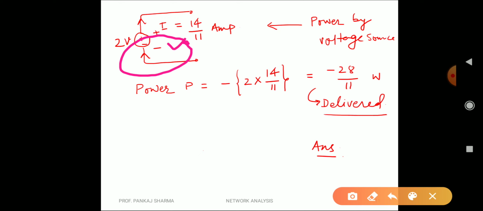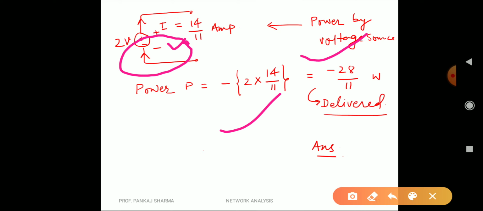So power will be P is equal to minus V into plus I, which is P is equal to minus of 2 into 14 by 11, which is minus 28 by 11 watt. When the power is negative, it means power is being delivered.